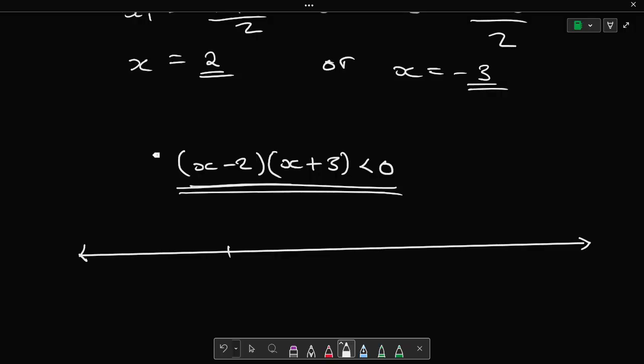We said that negative 3 is a critical point and 2 is also a critical point. And you are supposed to put a circle on these critical points. The type of circle that you will put will depend on the sign that you have. If the sign is less than or greater than, the circle that you put will be an open circle.